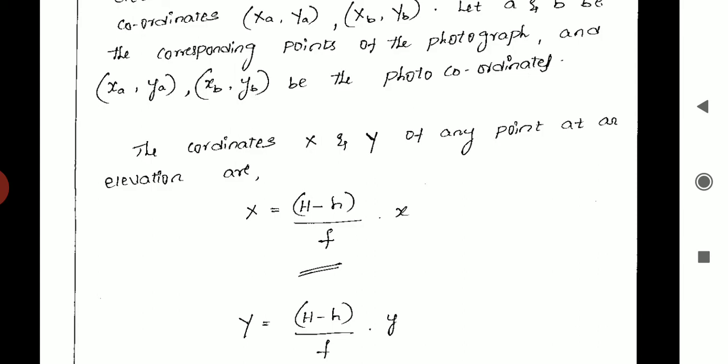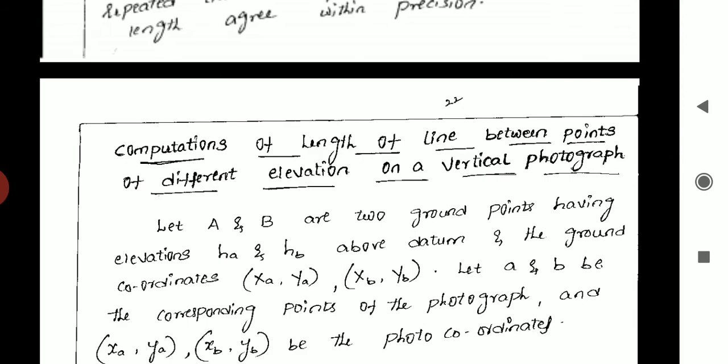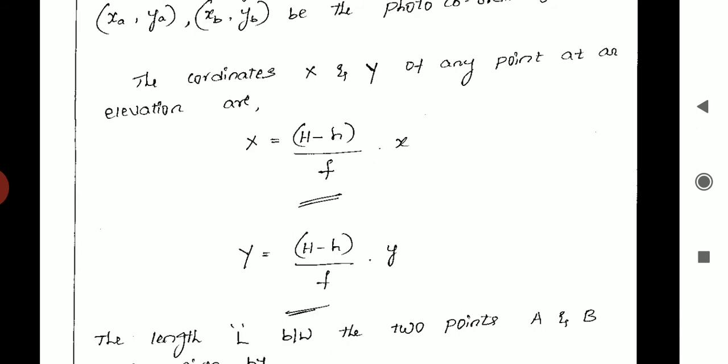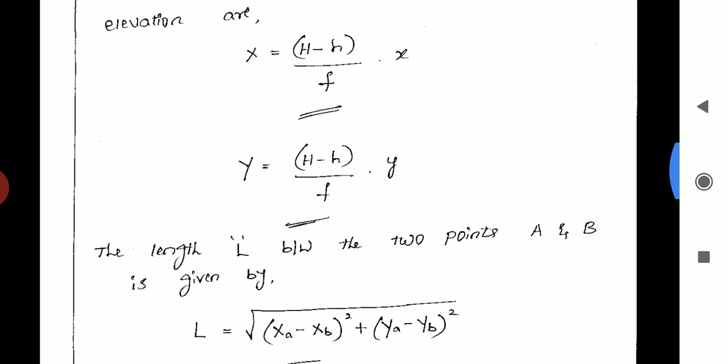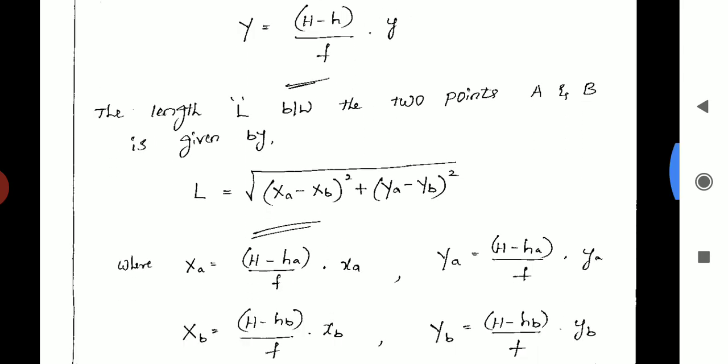Using the coordinate system we have to find the length of the line between points of different elevation on photographs. So x equals capital H minus h divided by f into x. Okay, same formula but only changes in y. And we have to find the length between 2 points, which is nothing but capital L equals root of (XA minus XB) whole square plus (YA minus YB) whole square.